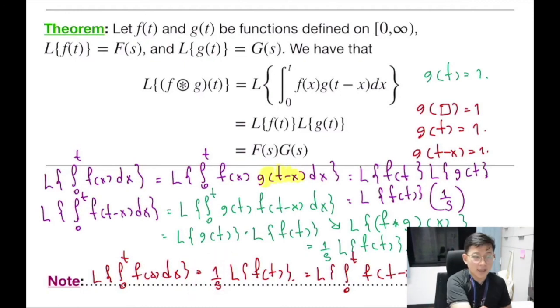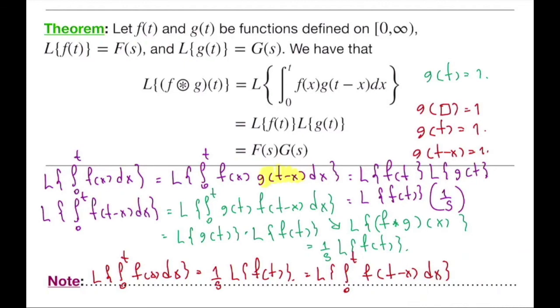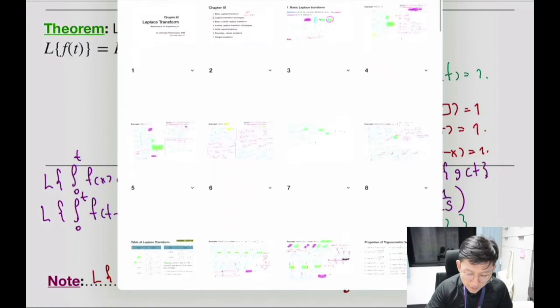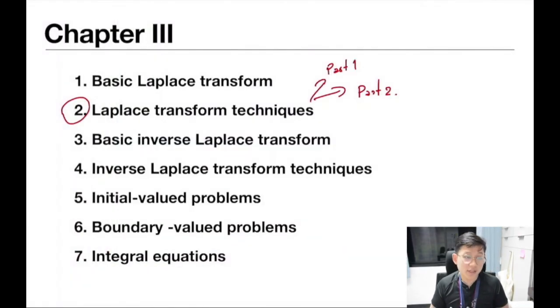And if you want to find the Laplace transform of f(t minus x), it means that g(t) is 1. And the same, the Laplace transform of 1 is 1 over s. Okay, so we have some small notes to make our life easier. So right now we are done with the second section.